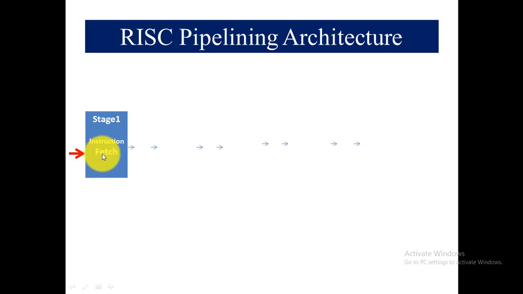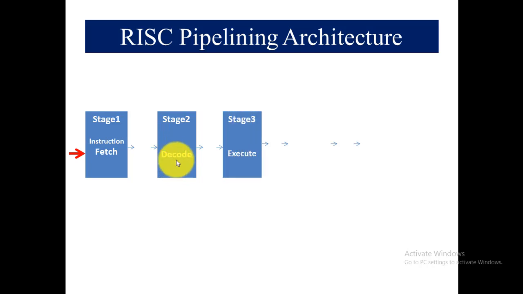Usually there are multiple stages, but RISC follows the 5-stage pipeline architecture, in which the first stage is instruction fetch, while the second stage is decode. The instruction which the CPU fetches has to be decoded into a computer-understandable form, the low level language, and then the third stage is execution.